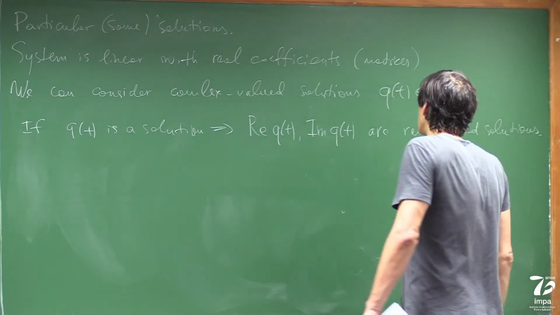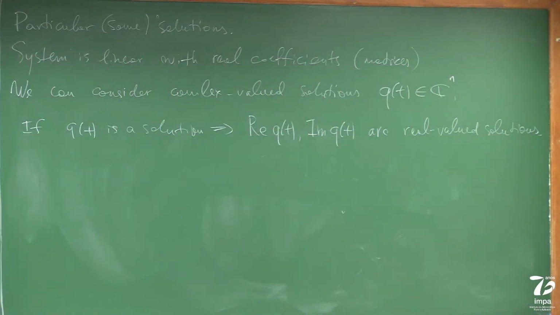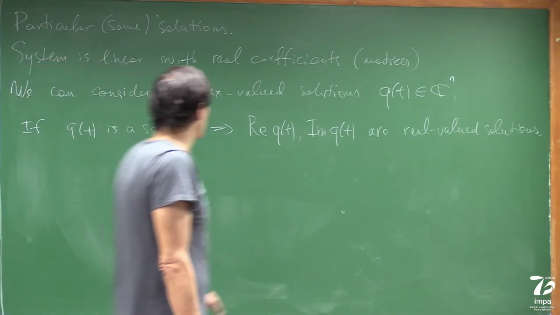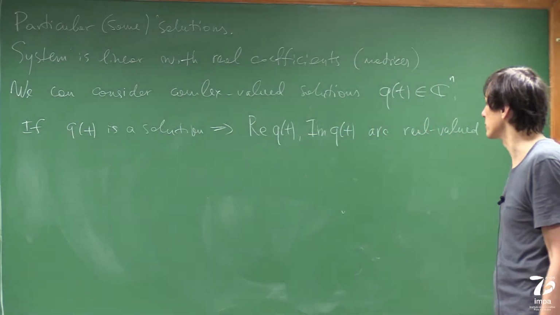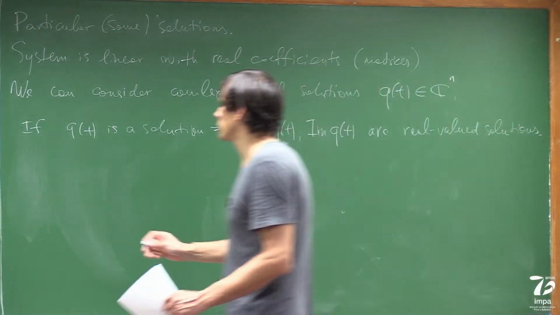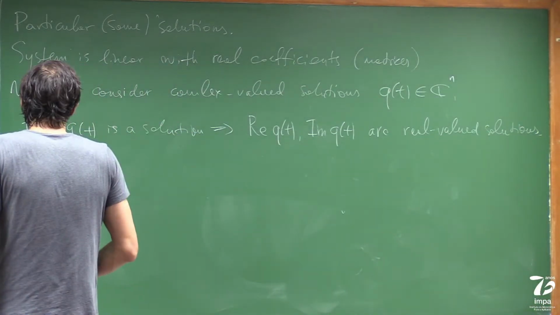So this is a very typical trick. In linear system, it's more convenient to work with complex variables, and you don't care because whenever you have complex solution, your real part is also solution, imaginary part is solution. And this has to do with real coefficients.